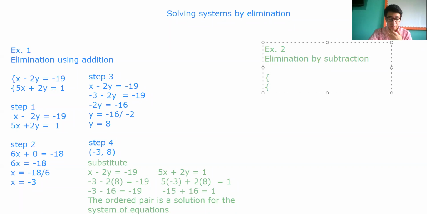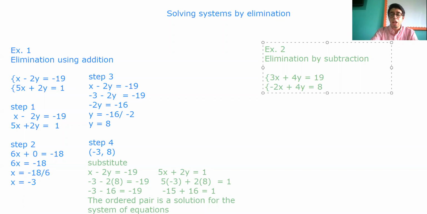In this part, the first one is 3x plus 4y equal 18. And the other one is negative 2x plus 4y equal 8. Okay, negative 2x, 4y.